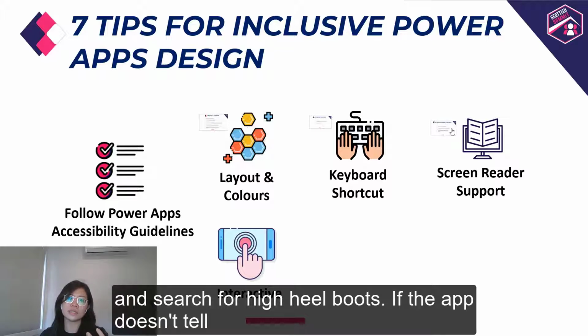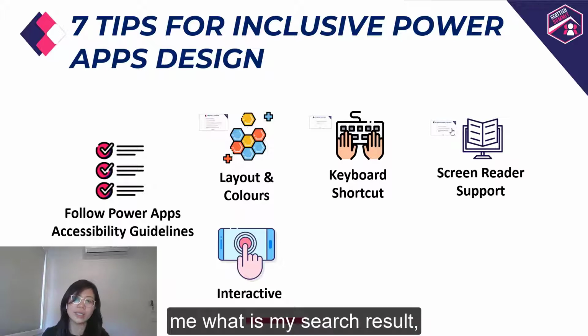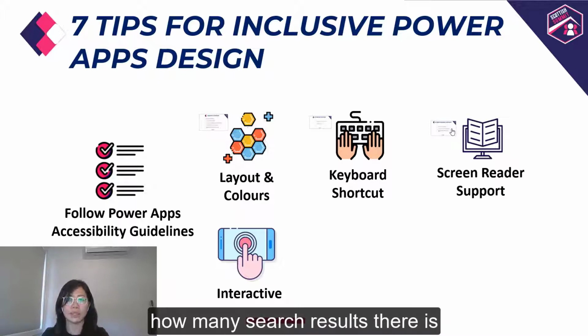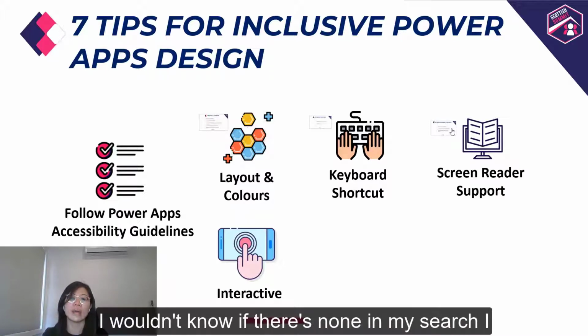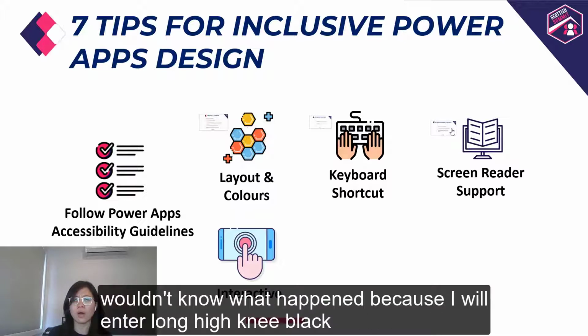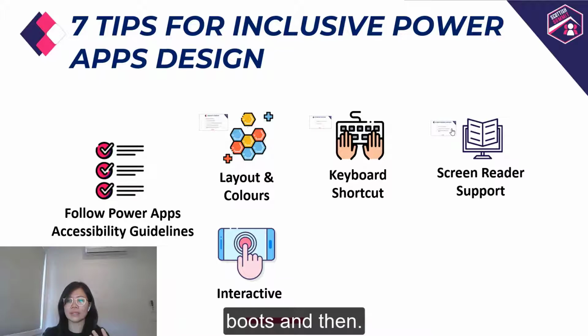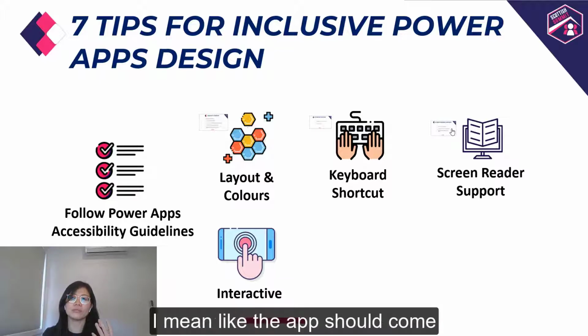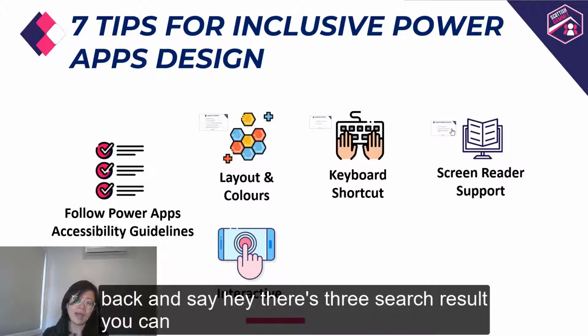If the app doesn't tell me what my search result is, how many search results there are, I wouldn't know if there's none in my search. I wouldn't know what happened because I'll enter long high knee black boots and then it ends there. So it'd be good, I mean, you have to, the app should come back and say, hey, there are 3 search results.